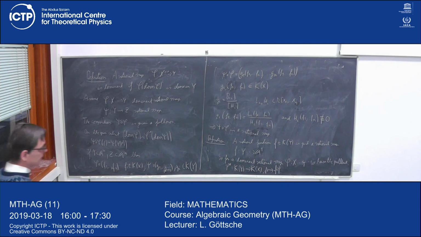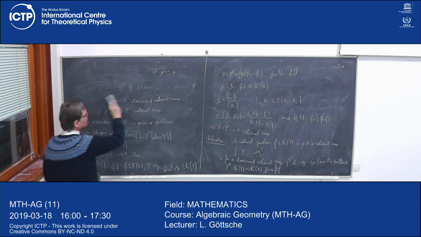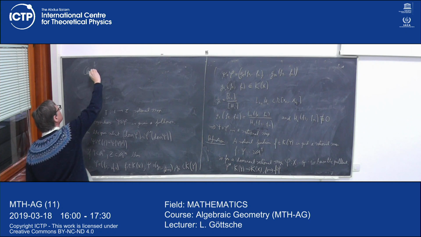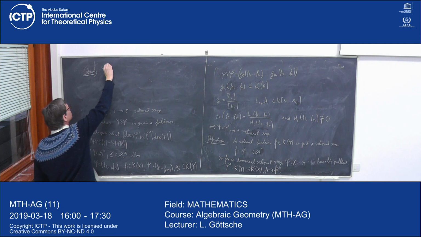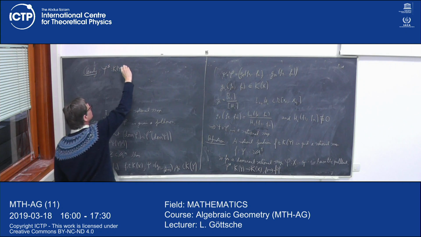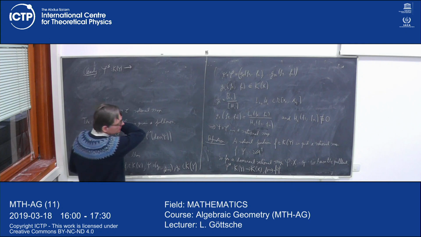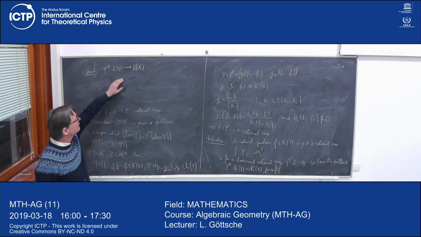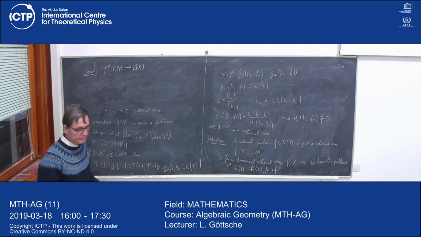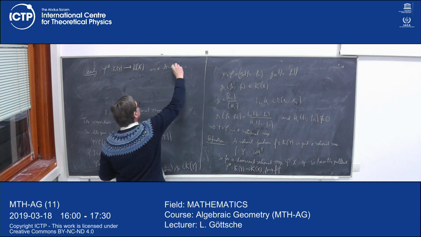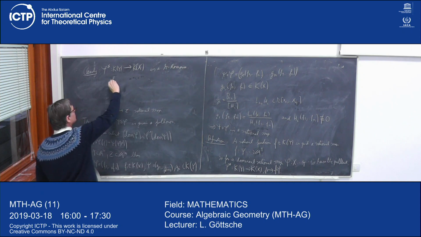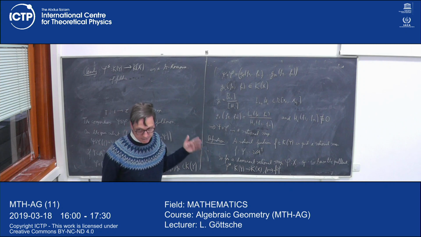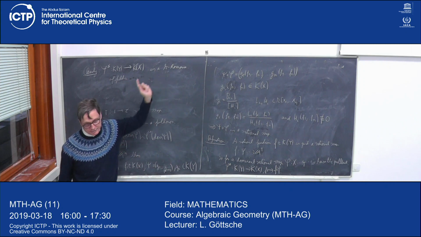So we can do this, and clearly phi star from k(y) to k(x) is a field homomorphism, and in fact a k-homomorphism of fields, because it's compatible with addition, multiplication, division, and if you multiply by a constant, you will get the same.